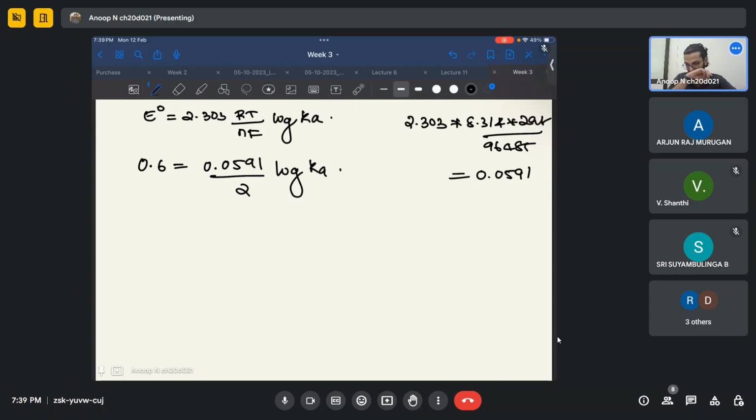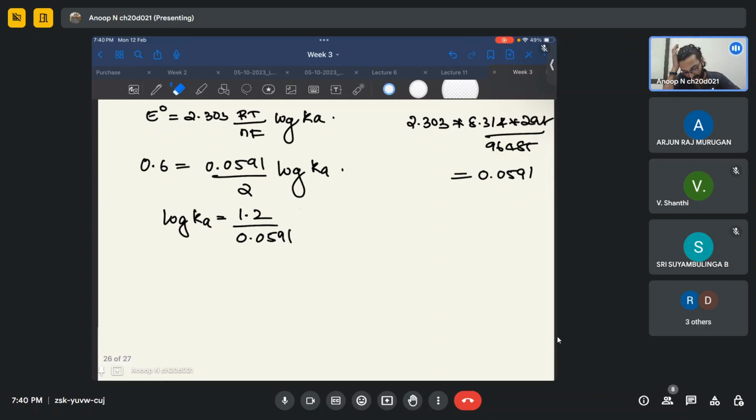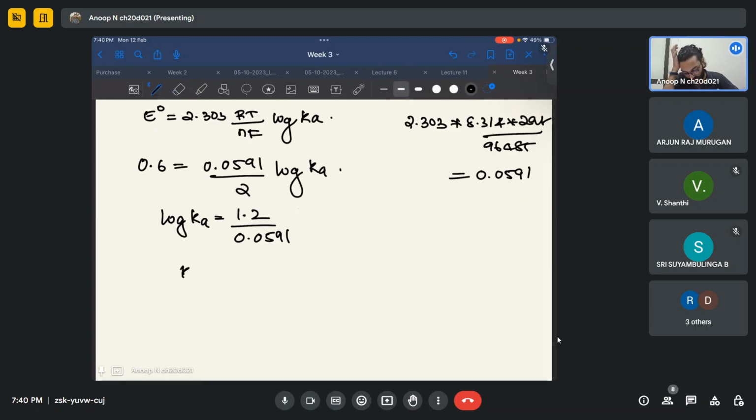Is it fine? So we can write log K is equal to 0.6 into 2, that is 1.2, divided by 0.0591. Since it is log to the base 10, we have to write K is equal to 10 to the power 1.2 divided by 0.0591.